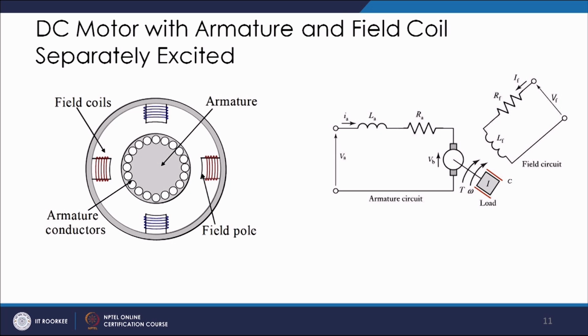So, here I can just draw a schematic for this motor. For the field coil, as I was telling you, we have a field circuit, and the voltage supplied to the field coil is Vf, the current through the field coil is IF, and the field coil has a certain inductance, say LF, and a certain resistance, say RF.